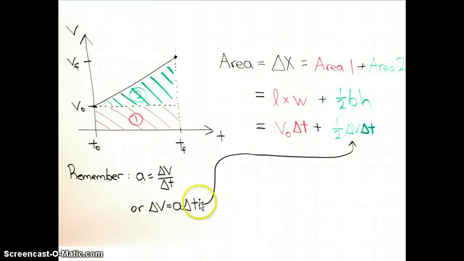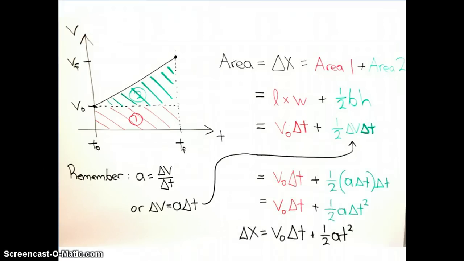We'll just take this a delta t and put this right in here. And when we do that, we have this a delta t times delta t. So now we have two delta t's, so that makes it a square. And our final expression at this point is delta x is equal to v0 times delta t plus 1/2 a times delta t squared.